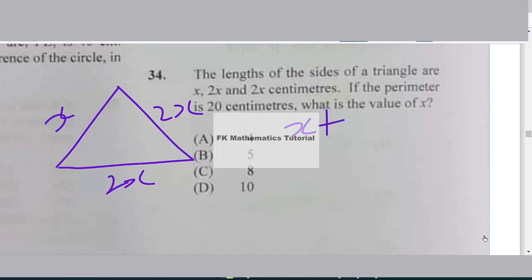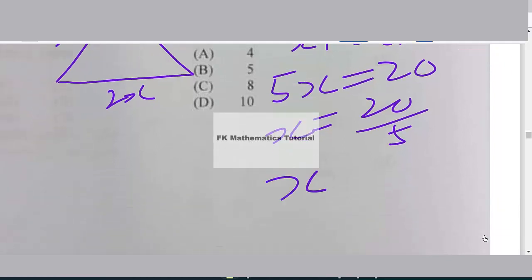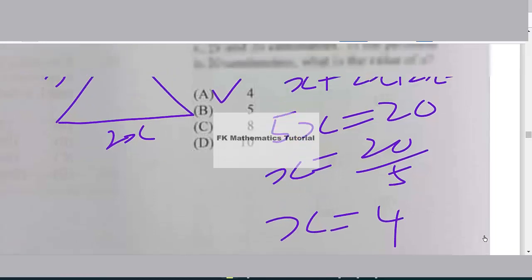We add all of these, and that is equal to 20. So 5x is equal to 20. x will be equal to 20 over 5, which is equal to 4. So option A is correct. Let's move on to number 35.